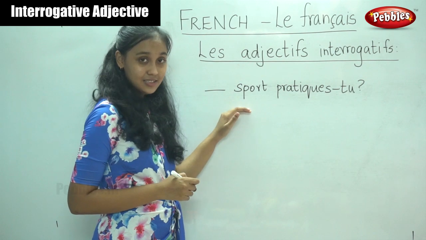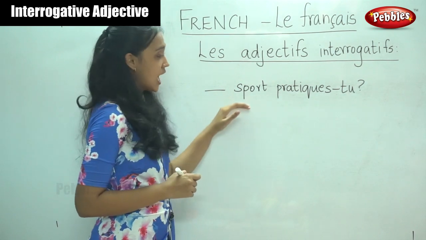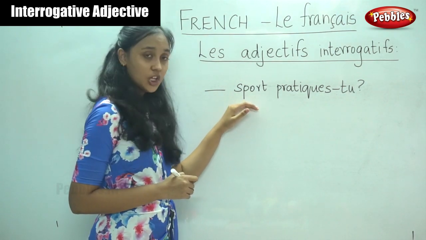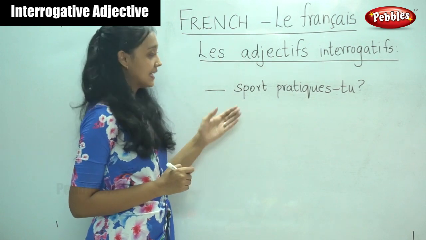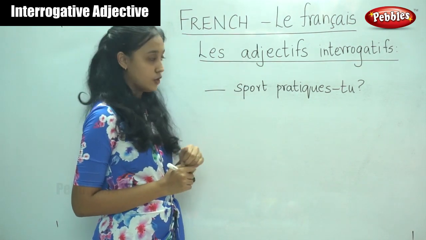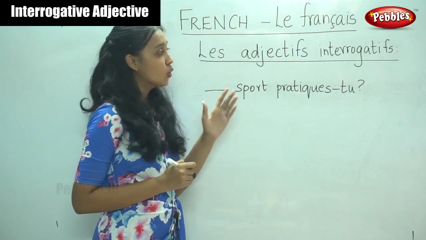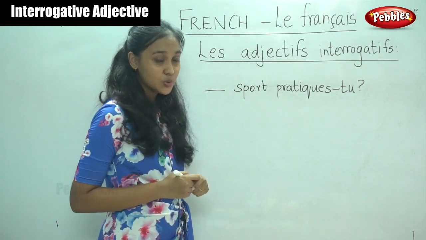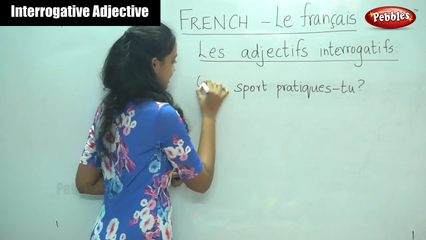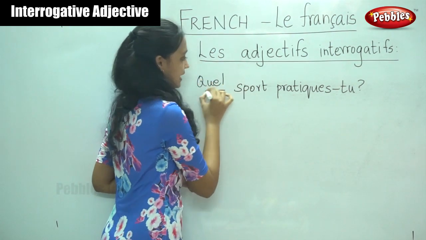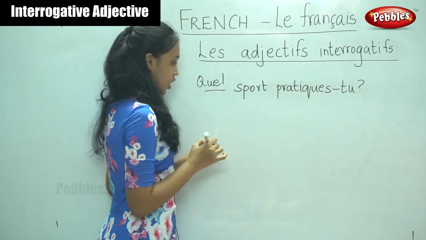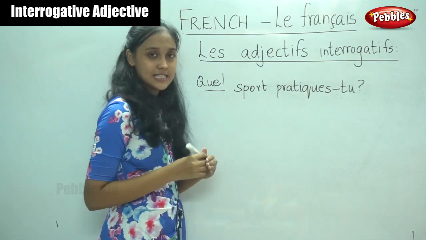Yes, it is in the masculine form. And is it in the singular or in the plural form? Yes, it is in the singular form. So, when it is in a masculine singular form, which interrogative adjective do we use? Yes, it is quel. Quel sport pratiques-tu? Which sport do you practice?